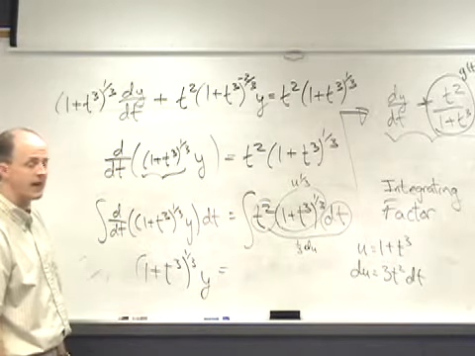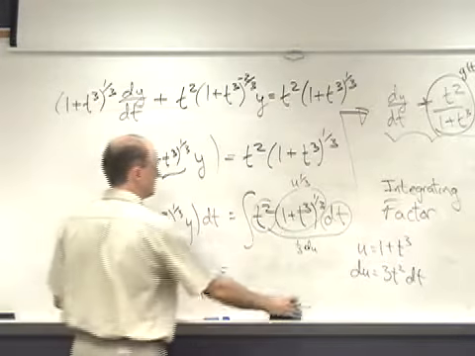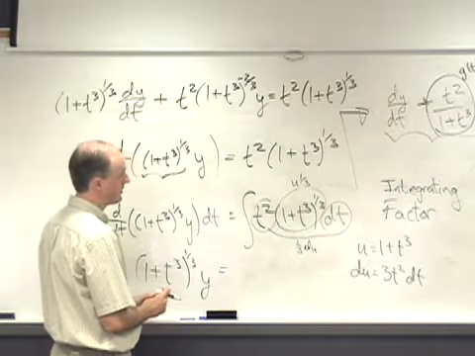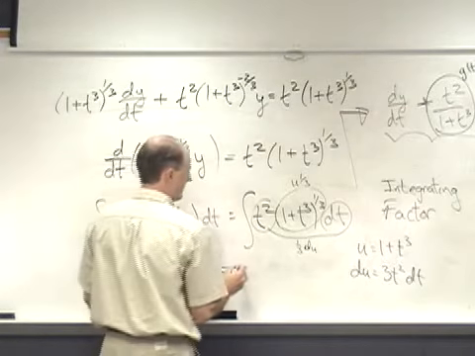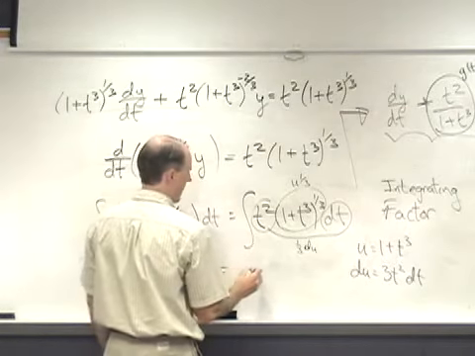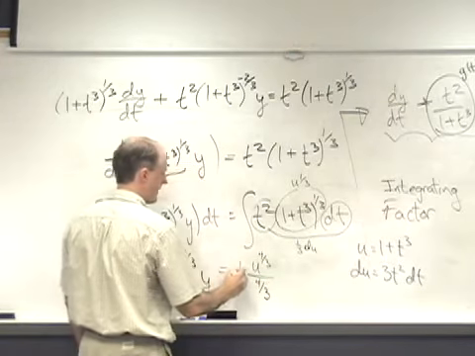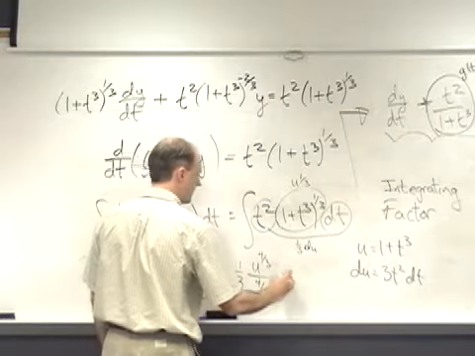So I'm going to be able to integrate that. Integrate u to the 1/3 times 1/3 du. I will have to add 1 to the exponent to get u to the 4/3. Divide by that new exponent of 4/3. I also have the 1/3 out in front.